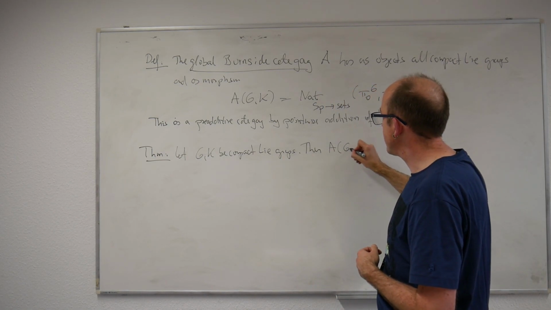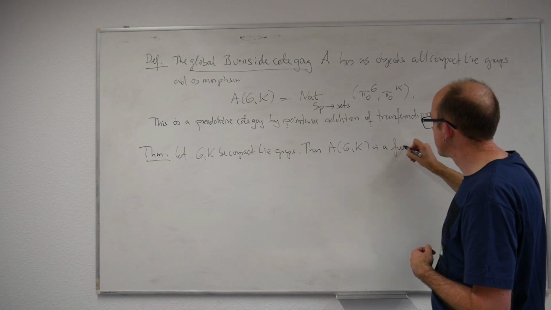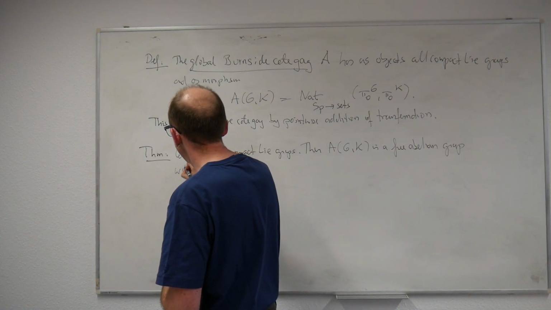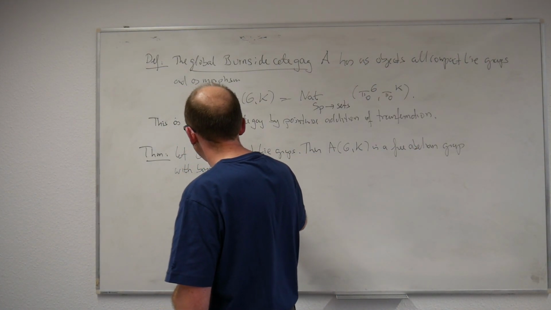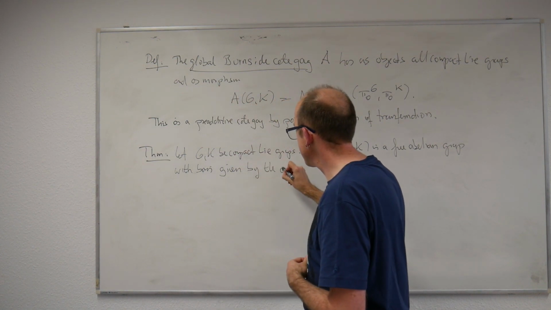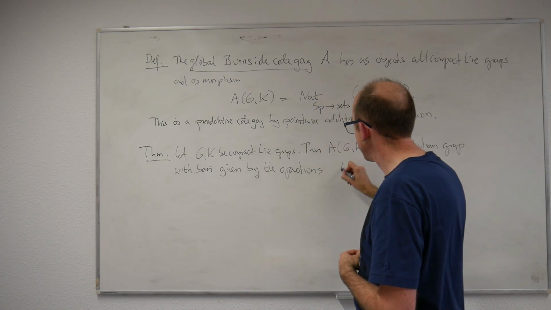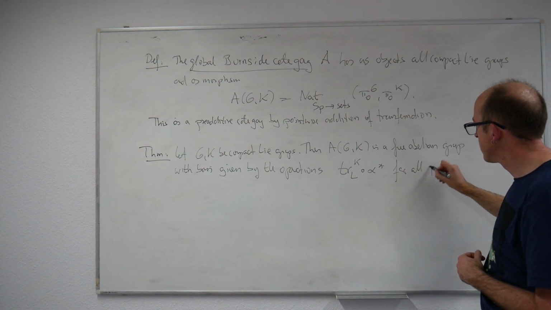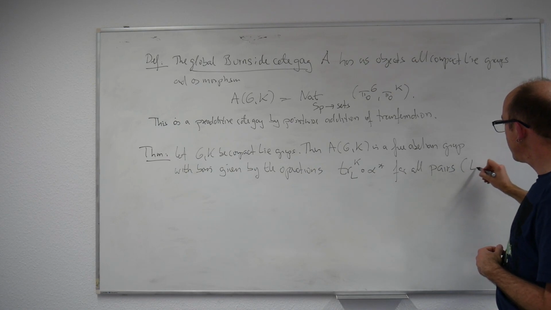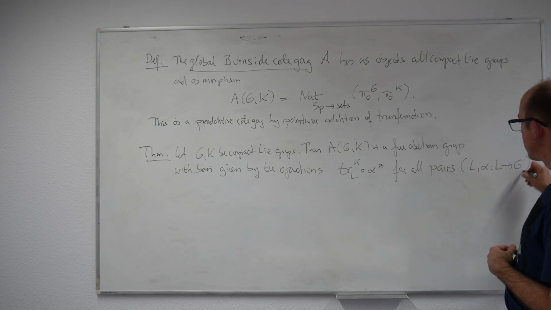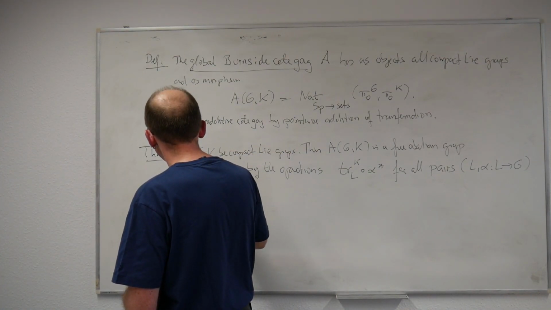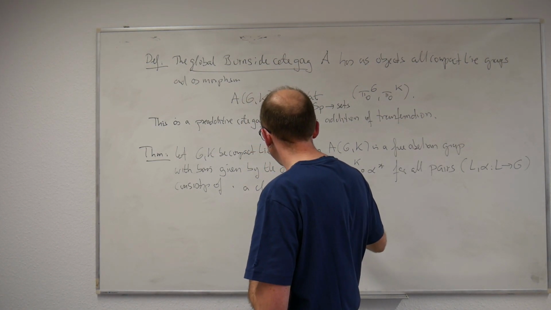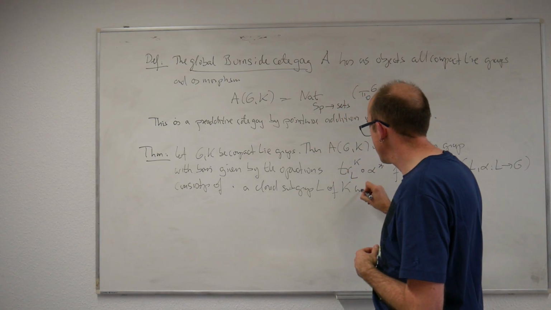Then this morphism group, A(G,K), is a free abelian group with a basis that we can pin down, given by the following operations: transfer from L to K after alpha upper star, for all pairs (L, alpha) consisting of, first of all, a closed subgroup L of K with finite Weyl group.